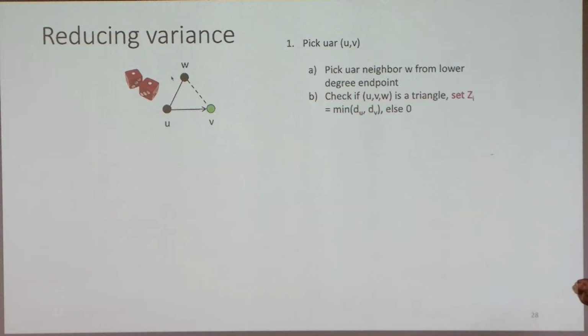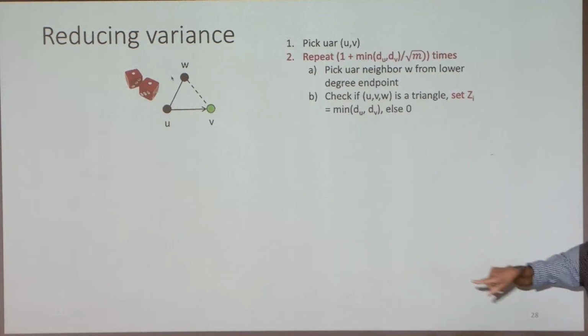Okay. Now, I'm going to do a trick to the estimator to reduce its variance even further. So recall that my procedure was: pick a uniform random edge, pick a uniform random w, check if that's a triangle, and if it's a triangle, output min(du, dv), or 0.